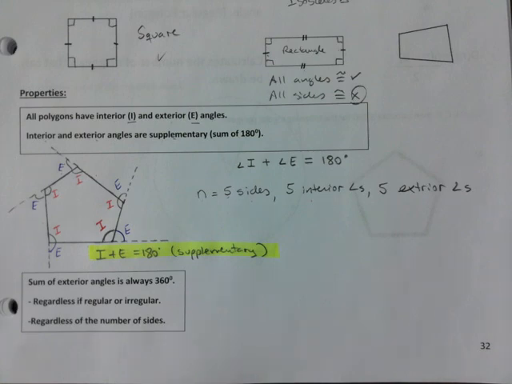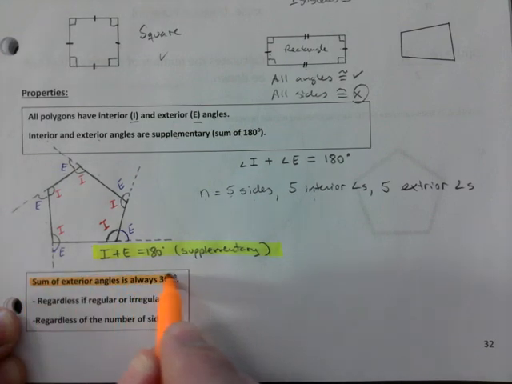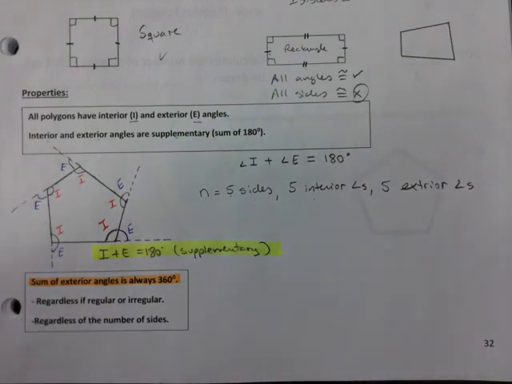The sum of exterior angles is always 360. Guaranteed. The sum of exterior angles is always 360, regardless of whether the polygon is regular or irregular, regardless of the number of sides. That's pretty cool, if you ask me.